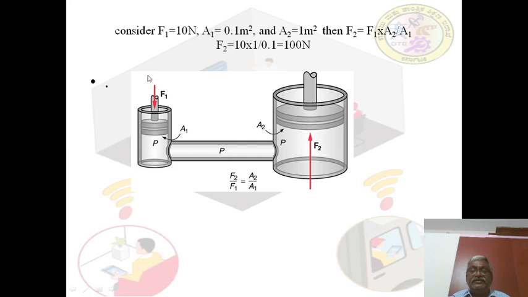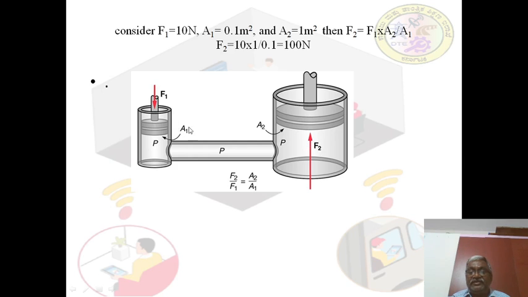By applying the force of 10 Newton, we get the pressure F1 by A1. Here it is P. Here also pressure is P. Therefore F1 divided by A1 equals F2 divided by A2, because pressure is the same everywhere. In this cylinder, pressure is given by F1 by A1, and in this cylinder, pressure is given by F2 by A2.